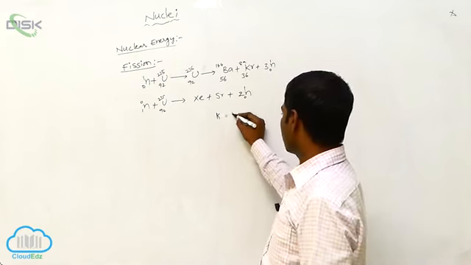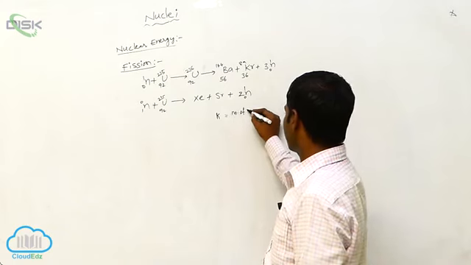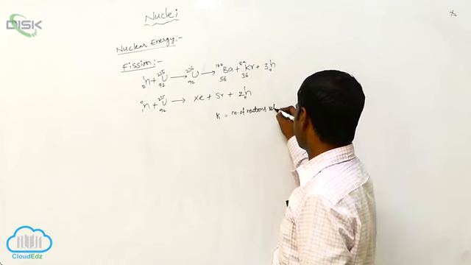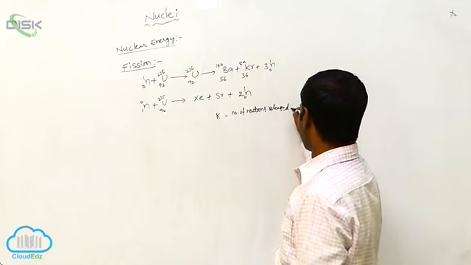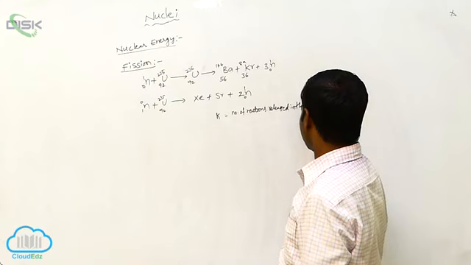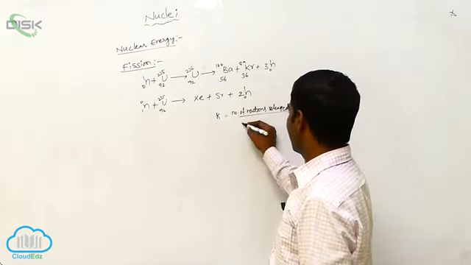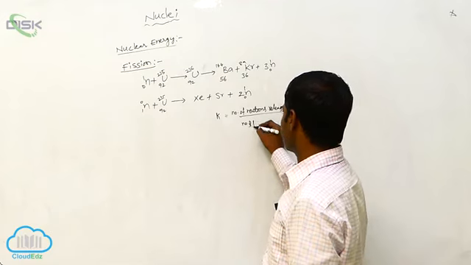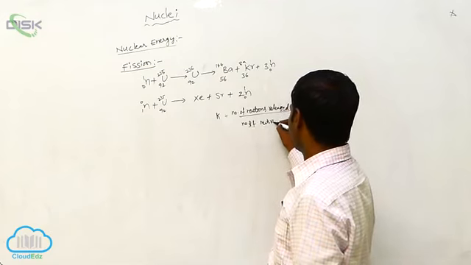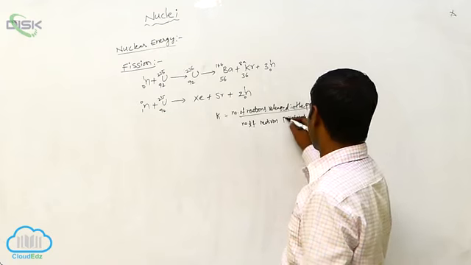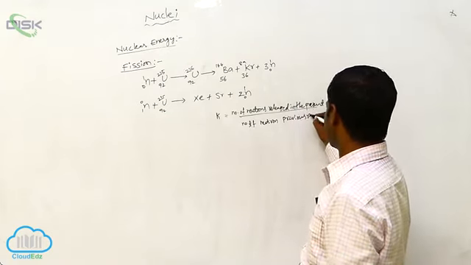K is equal to the number of neutrons released in the present reaction divided by the number of neutrons released in the previous reaction.